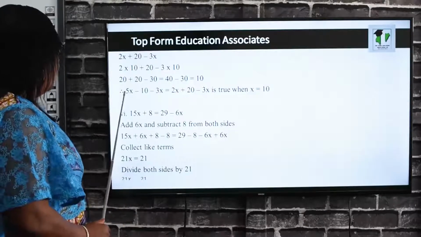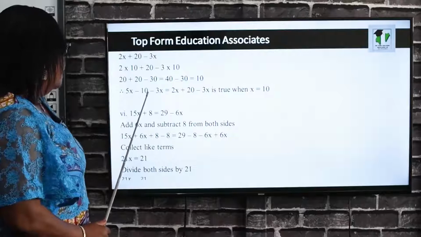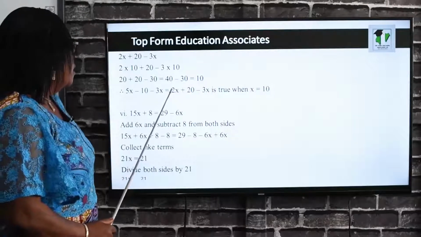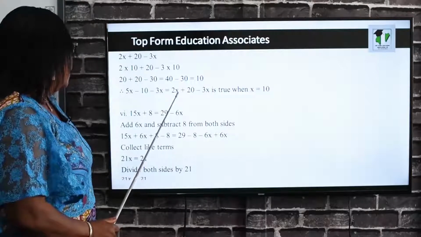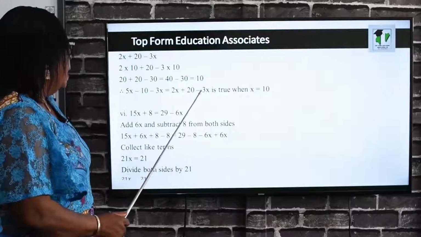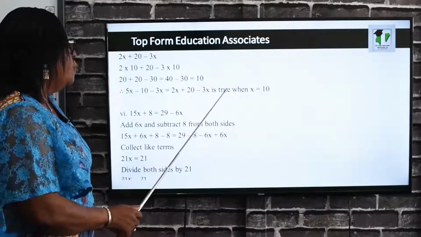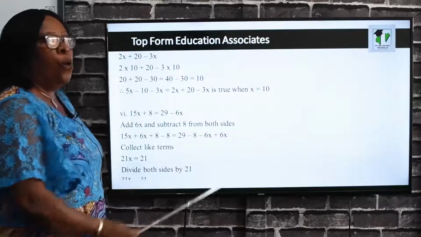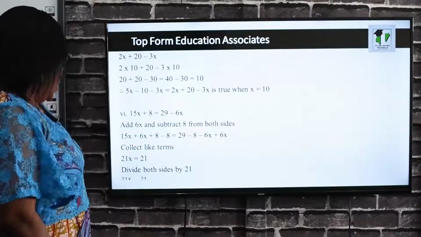Therefore, 5x minus 10 minus 3x is equal to 2x plus 20 minus 3x is a true statement when x is equal to 10.